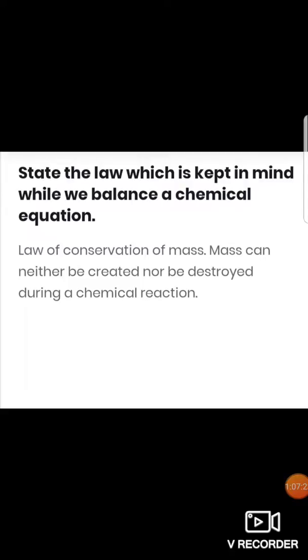So we have to balance the atoms of the reactants on the left hand side and the products on the right hand side. That is the law of conservation of mass. Mass can neither be created nor destroyed, but it has to be balanced, which forms a balanced chemical equation.